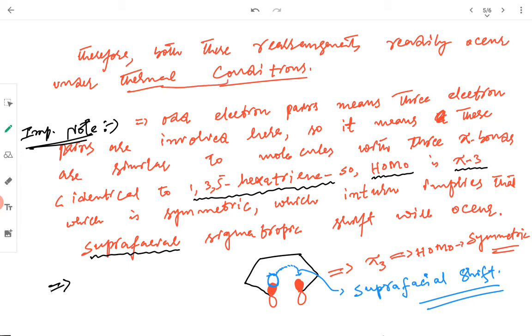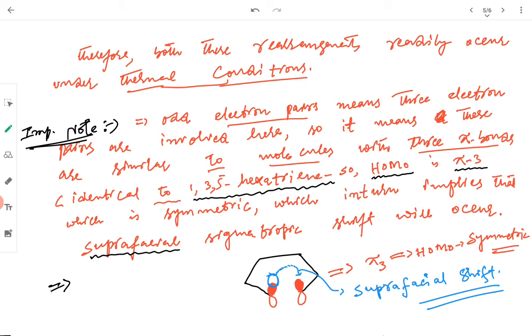So important note here, odd electron pairs means 3 electron pairs which are involved here. So it means that these are similar to molecules with 3 pi bonds. Example is hexatriene, 1,3,5-hexatriene.